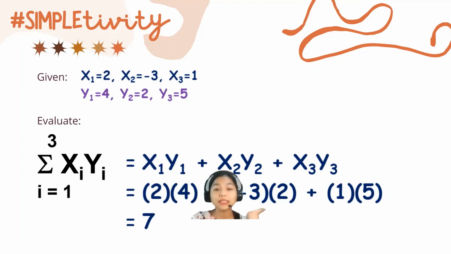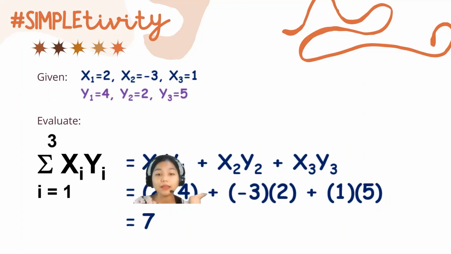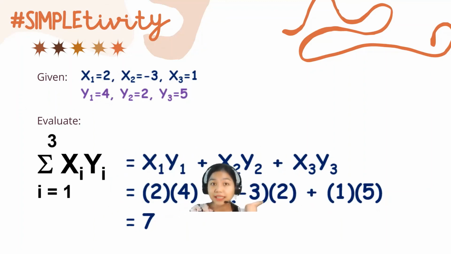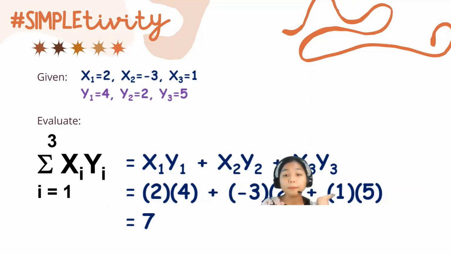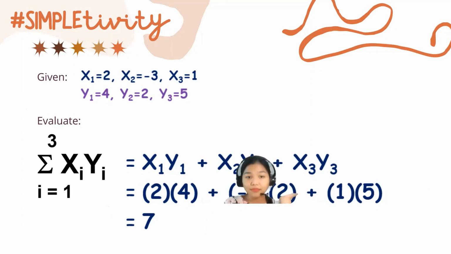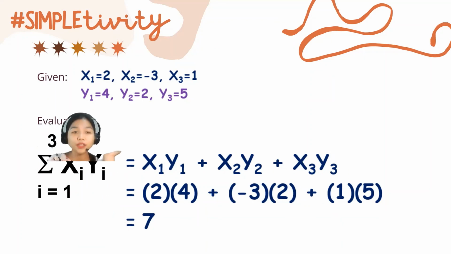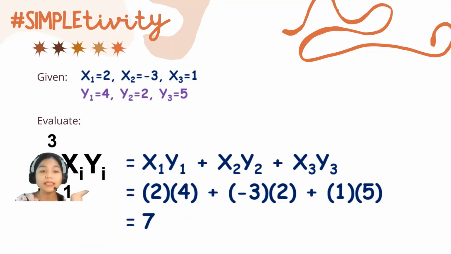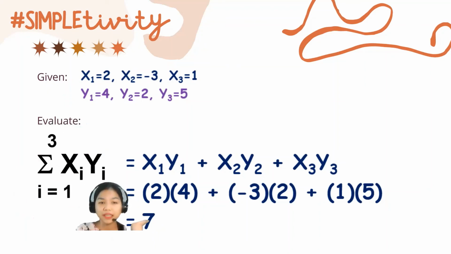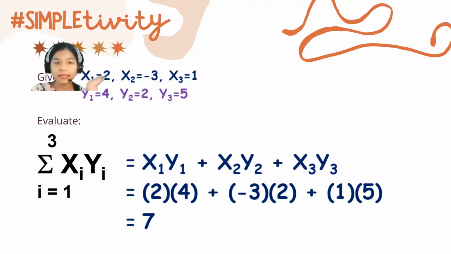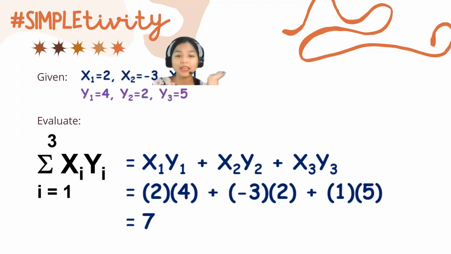We're going to get the sum of the three products. So 8 plus negative 6 is 2, plus 5 is 7. So the sum of the products of x and y as i goes from 1 to 3 is equal to 7, given the following values of the two variables x and y.